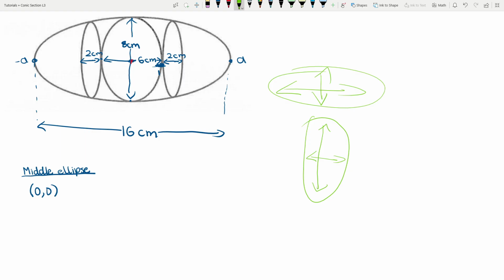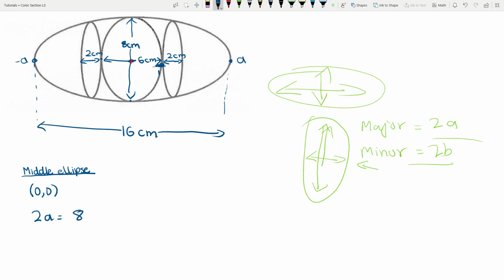So major axis is usually 2A, minor is 2B. Okay? But in this case, since major is this, right? We are going to make our 2A equal to 8.